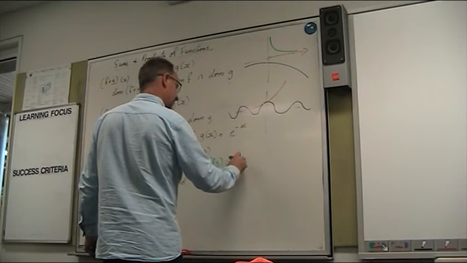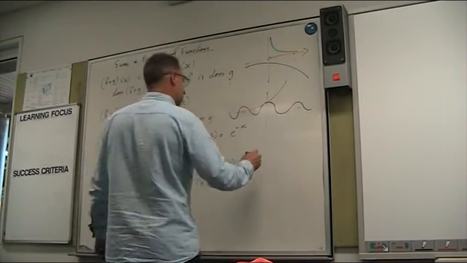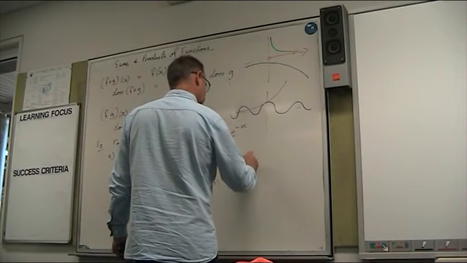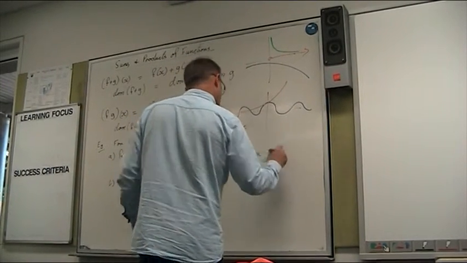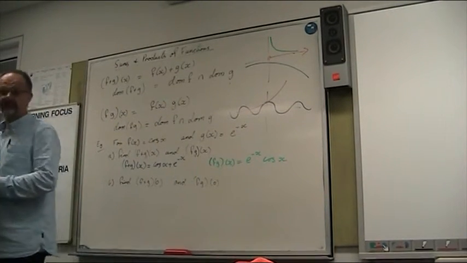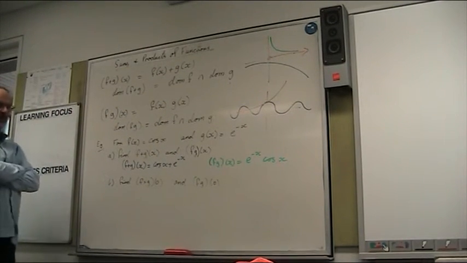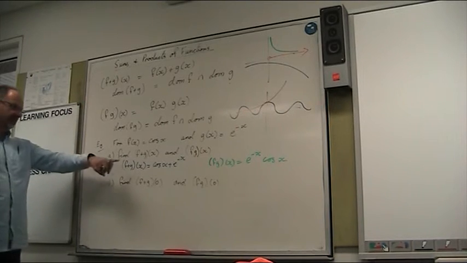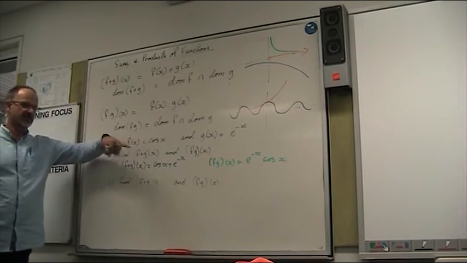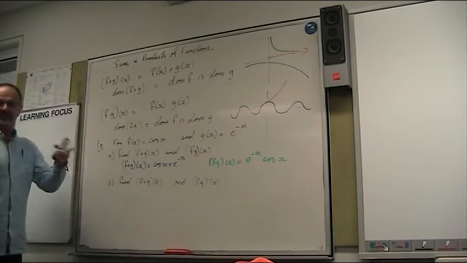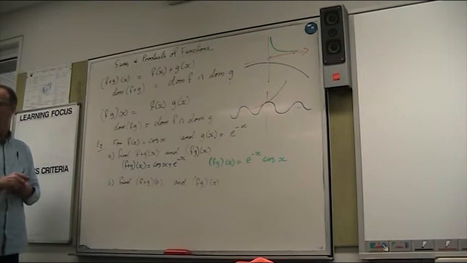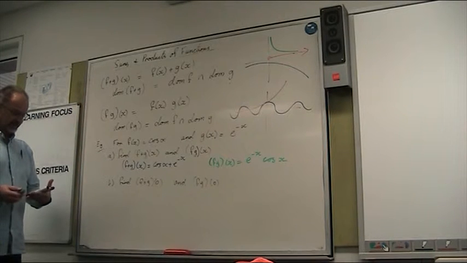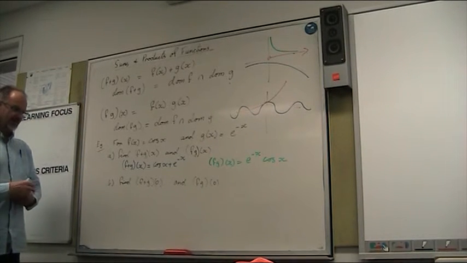Do it in green to make it stand out. So just multiply them together. Just because f is cos doesn't mean that the cos needs to be in front. We can multiply in any order. Looks nicer that way.